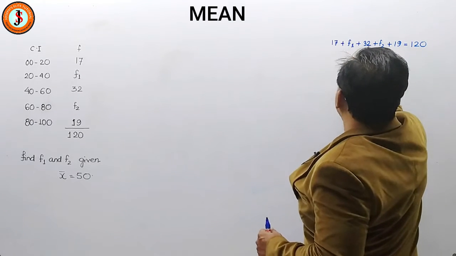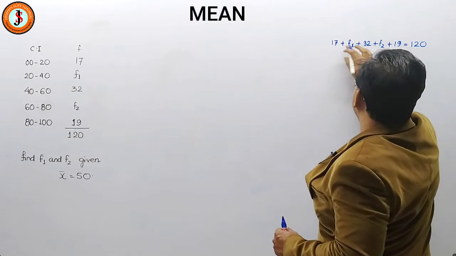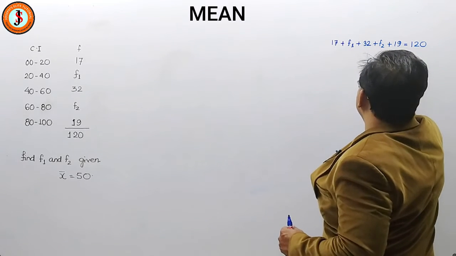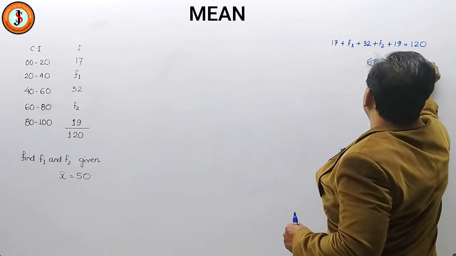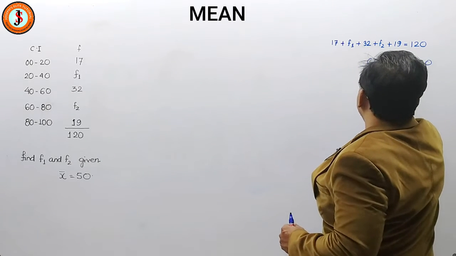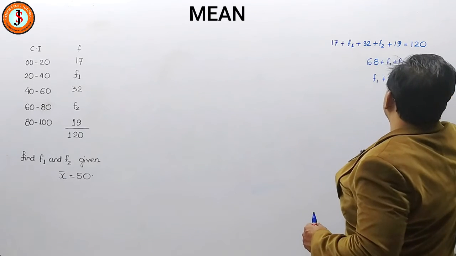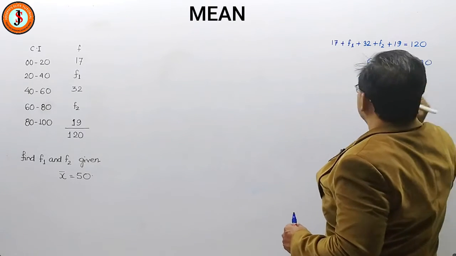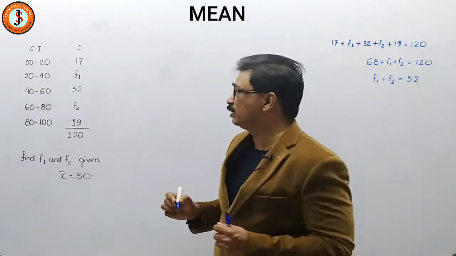So 68 plus F1 plus F2 is equal to 120. That means F1 plus F2 is equal to 120 minus 68, so that will be equal to 52. Great, we got F1 plus F2 as 52, so we get one equation.